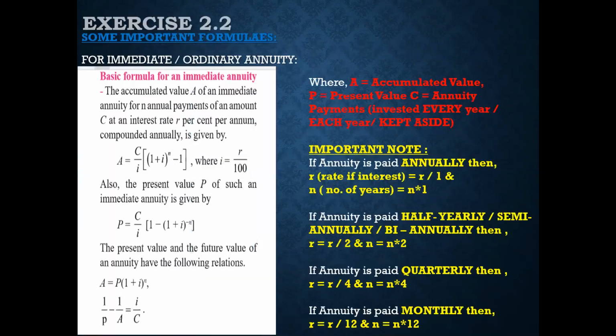We had seen some sums, and I also gave you these 4 formulas to keep in mind for immediate or ordinary annuity. And these 4 important notes: when you see the word annually, half yearly, semi-annual or biannual, quarterly and monthly, the rate of interest and number of years will keep on changing as per these 4 conditions.